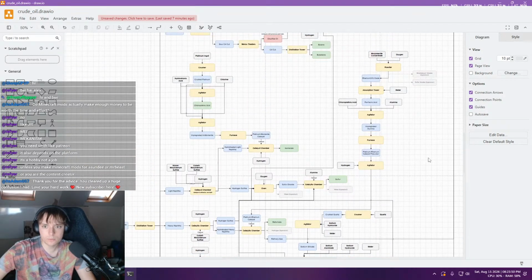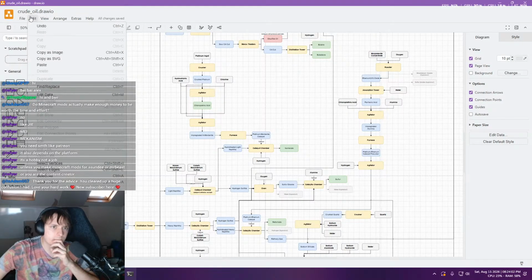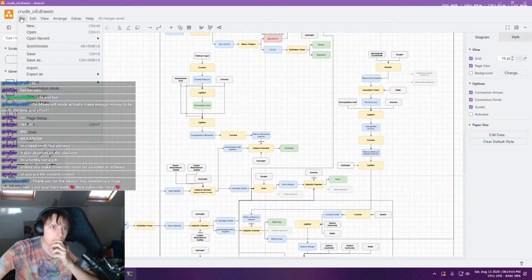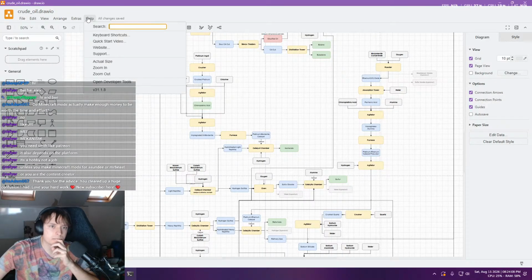Ammonia is fine. Do we have nitric acid in here? I need to be able to search. Is that a thing? View? Is there a find? Arrange? Help? Search?